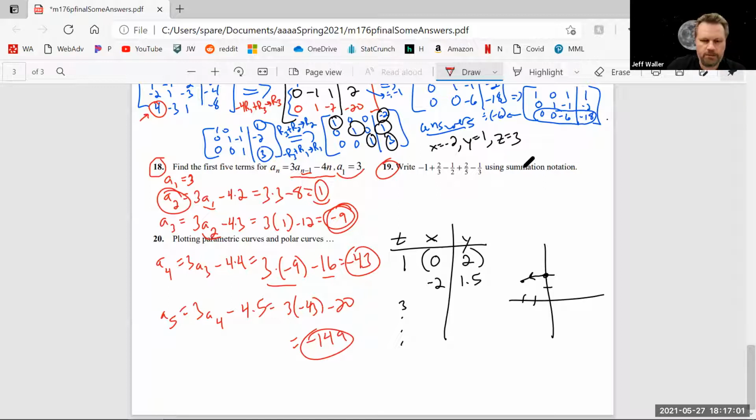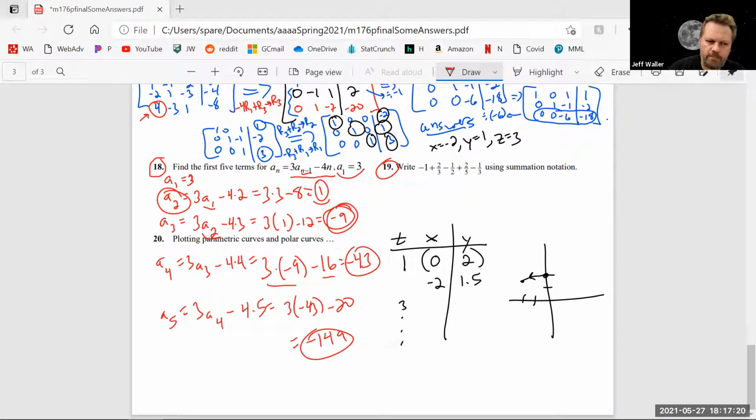Let me see. Does anyone see anything useful about 19 at all? I know it's really vague.